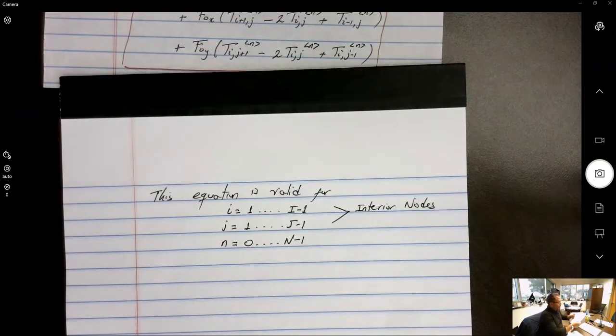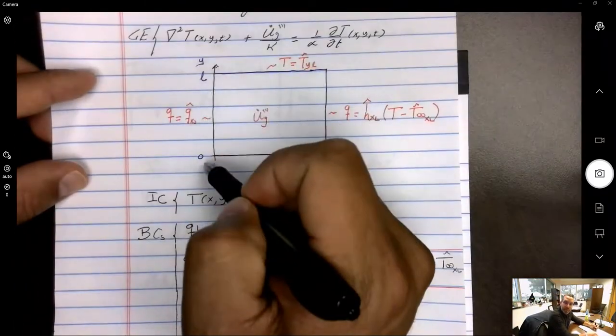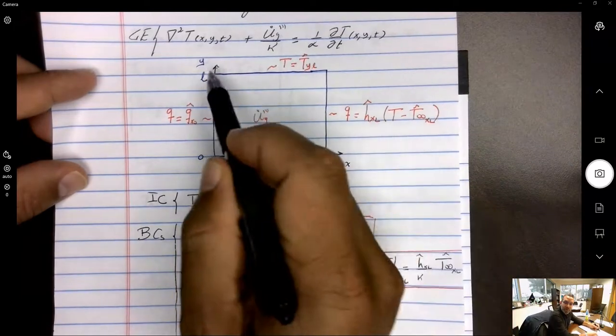So for the nodes along the walls, let's go back to the original problem. Right here, we need to implement this boundary condition, this boundary condition, this boundary condition, and this boundary condition.